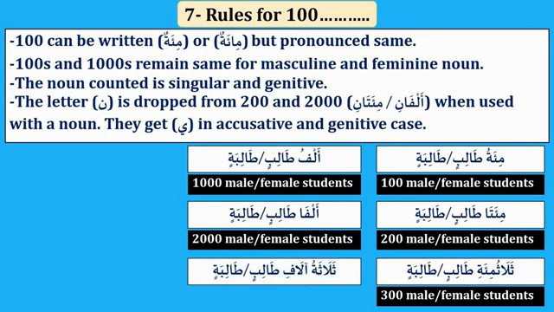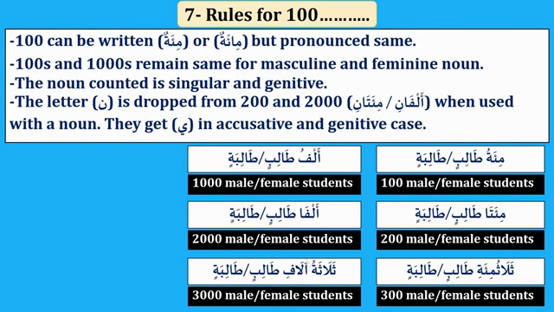3000 طالب أو طالبة. Unlike hundreds, thousands becomes plural from 3000 to 10,000. ألف is 1000, ألفان 2000, آلاف thousands from 3 to 10,000.